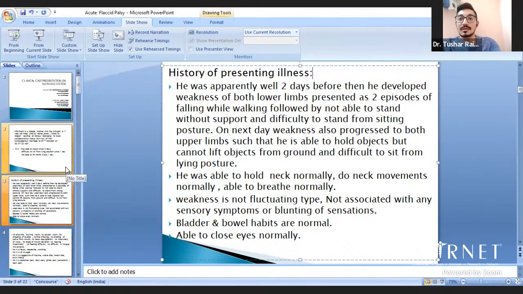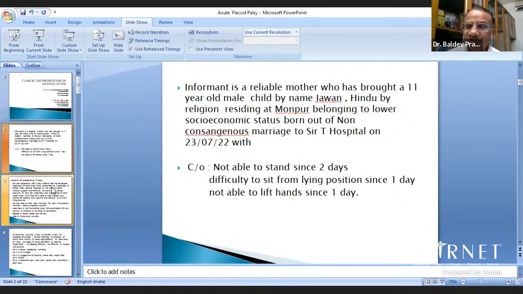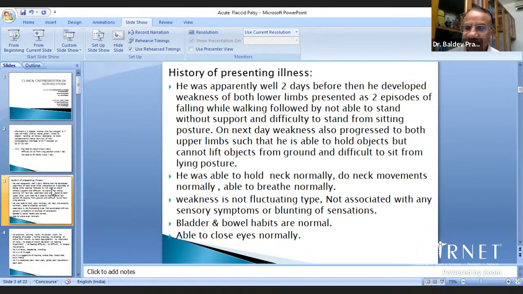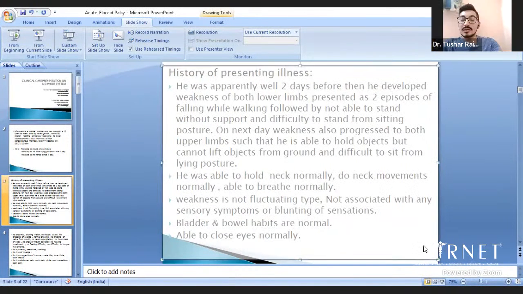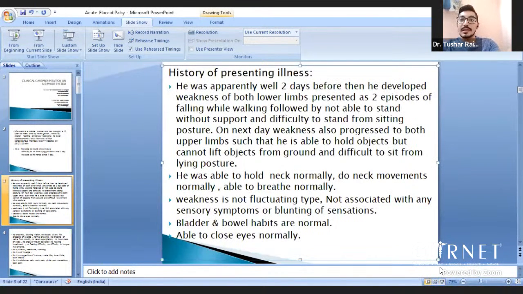Sir, probably maybe any muscular weakness is there, or it can progress gradually? From where it started? History of fall and difficulty in walking or not walking. What does it indicate? Where was the problem? It can be like ataxia, like a central cause.